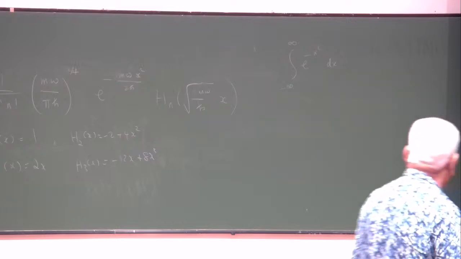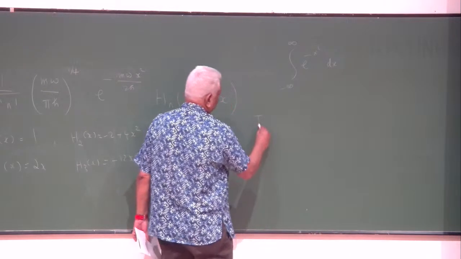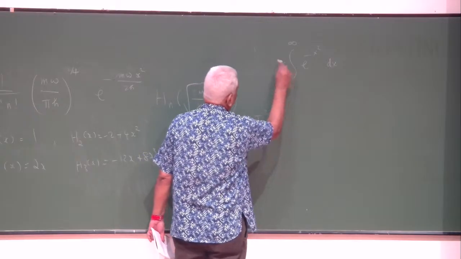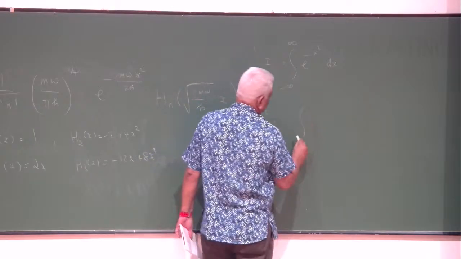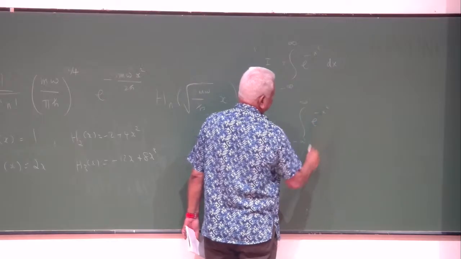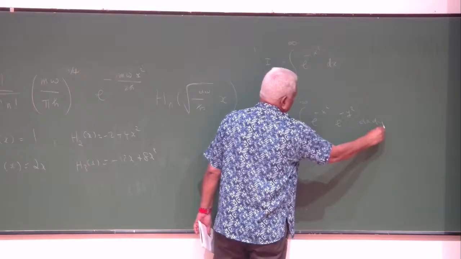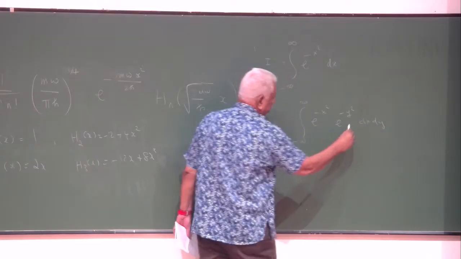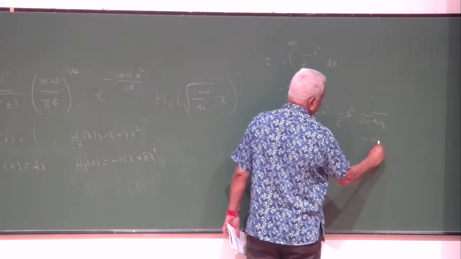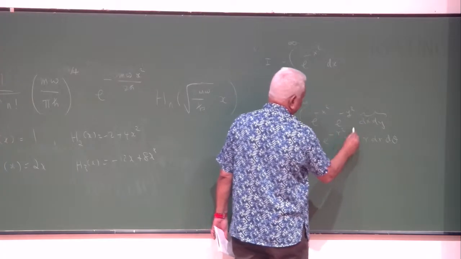So, you write down I square, this is I, then you will have minus infinity to plus infinity e power minus x square, e power minus y square, dx dy. You go from dx dy to r dr d theta in polar coordinates, this will turn out to be e power minus r square integral.